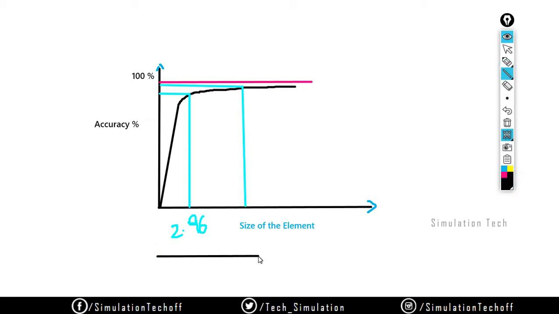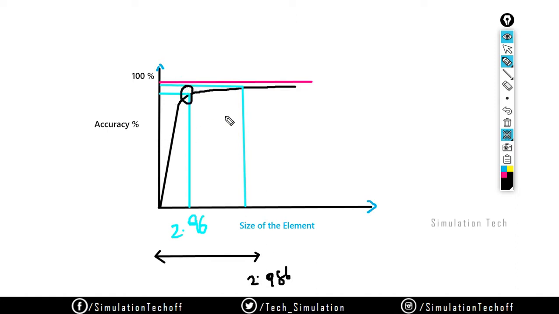Up to here you will get the same value. Maybe some increases like 2.986. This is not the right way. So this is our optimum state.